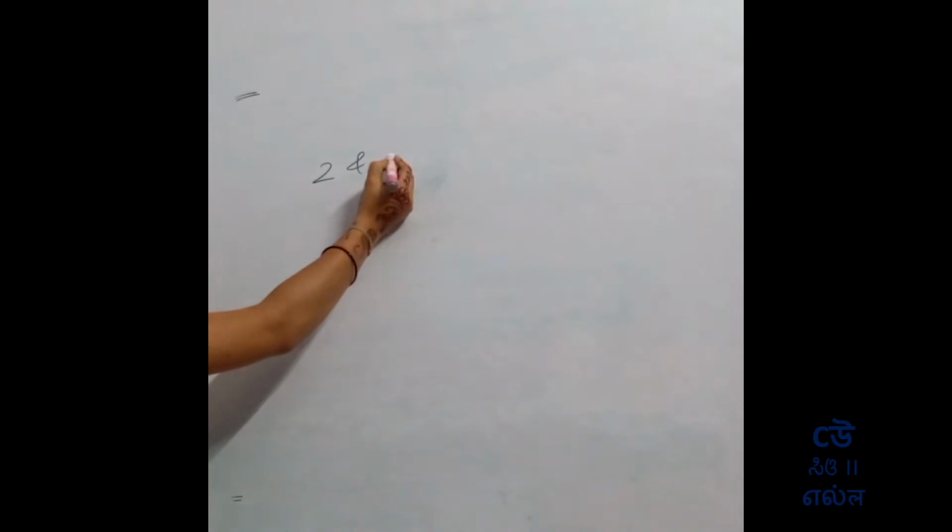Which is the greatest number and which is the smallest number, we have to find out. And the third question they have given is how many different numbers can you make in all. So first we'll use 2 and 3 and find out the greatest number.